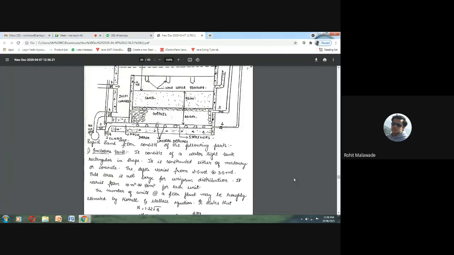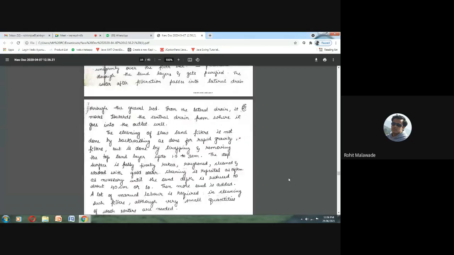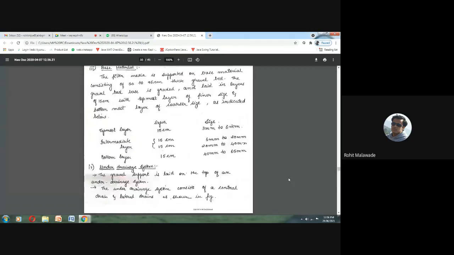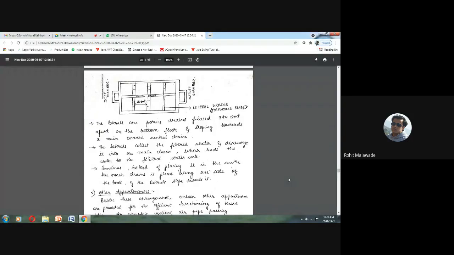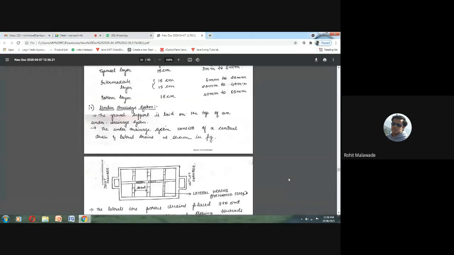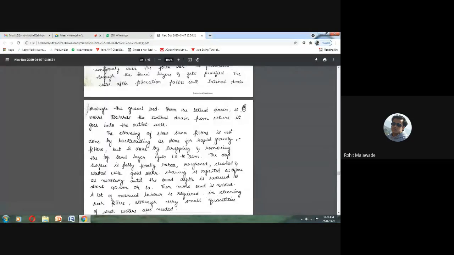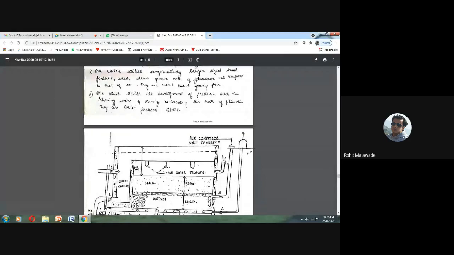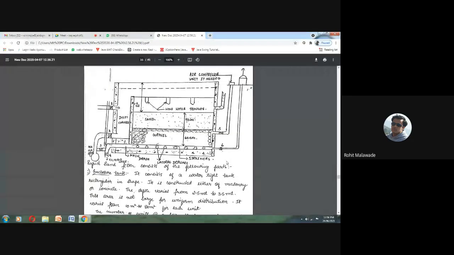Construction, working, then its back washing. All these things you need to have. Okay, so this is regarding the construction, working and cleaning of your slow sand filter. Now we will see how the back washing will be done in case of your rapid sand filter.